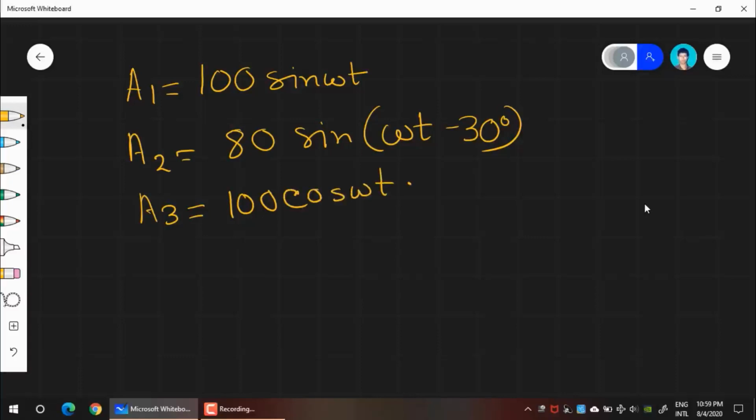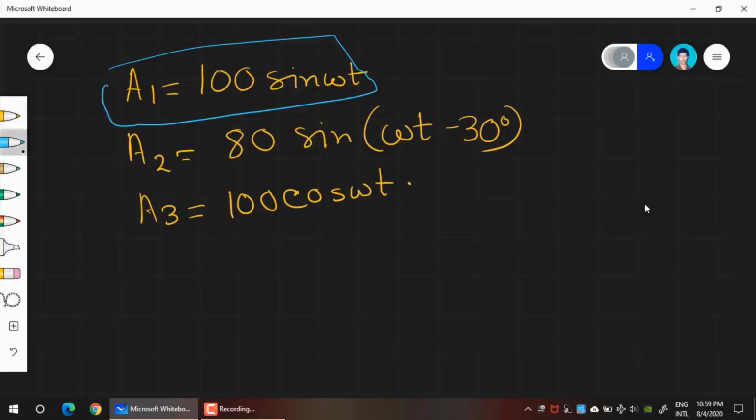Then among these three you have to select any one as your reference signal. You can select this one as your reference signal, or also you can select any other.